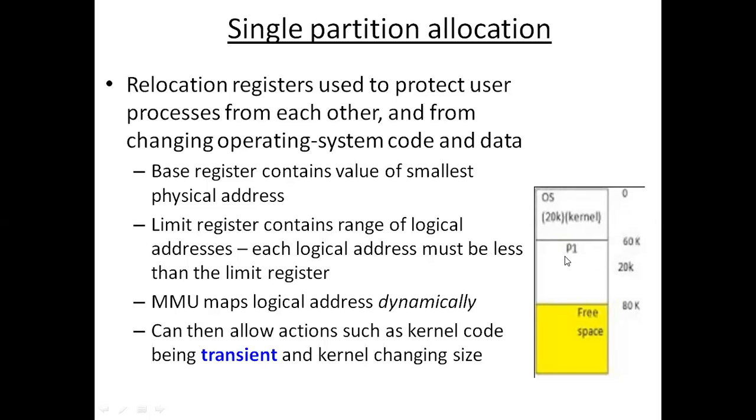And P1 is a process which is of 20 kilobytes. So it starts at the location 61. Okay, let's say it's 60 itself. It starts at the location 60K and ends at the location 79. Okay, so free space starts from the location 80. So it starts from 60 and ends at 79. So that is basically a total of 20 kilobytes that is assigned to the process P1.